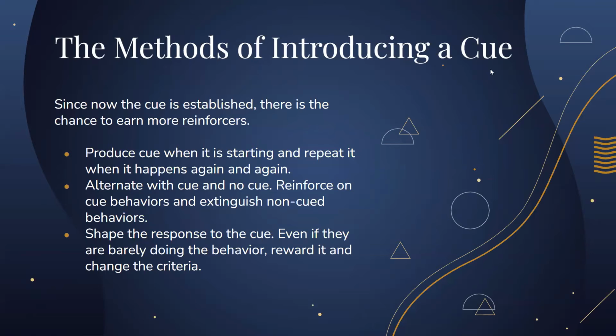And finally, you shape the response to a cue. Even if they're barely doing the behavior, you reward it. And then as it goes on, you change the criteria, the criteria being how accurate they are doing the behavior to the fullest way that you want the behavior to be.